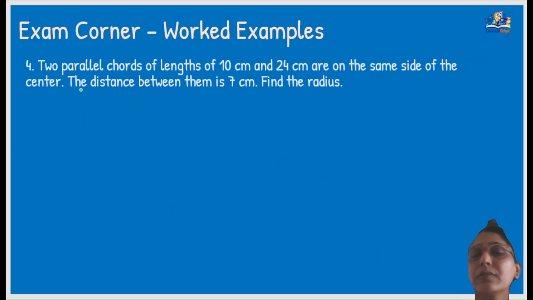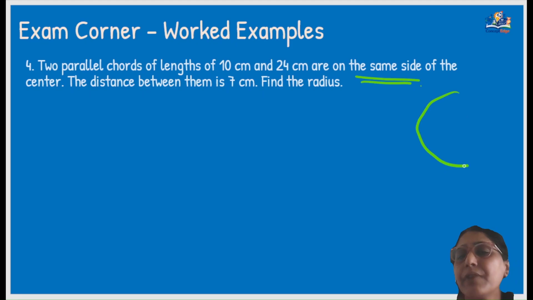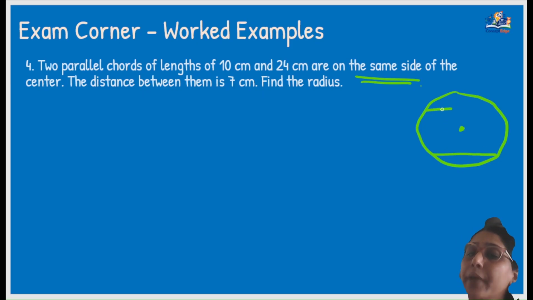Now this is one important question. Two parallel chords are given, with two different lengths, and on the same side of the center. We need to find the radius. First of all, understand that if I have a circle with the center over here, one chord can be here and one can be here when they say the opposite side.